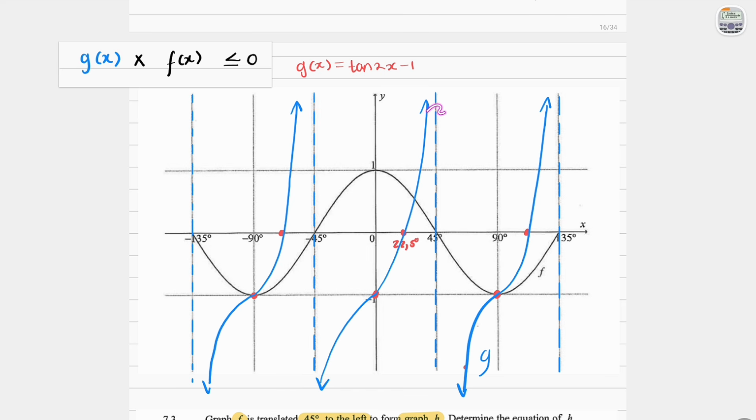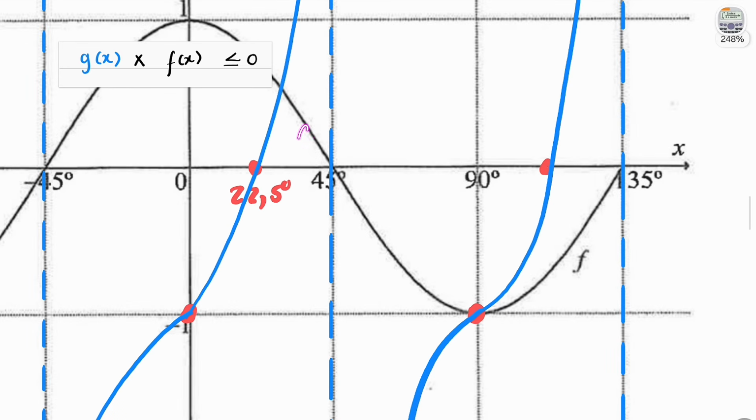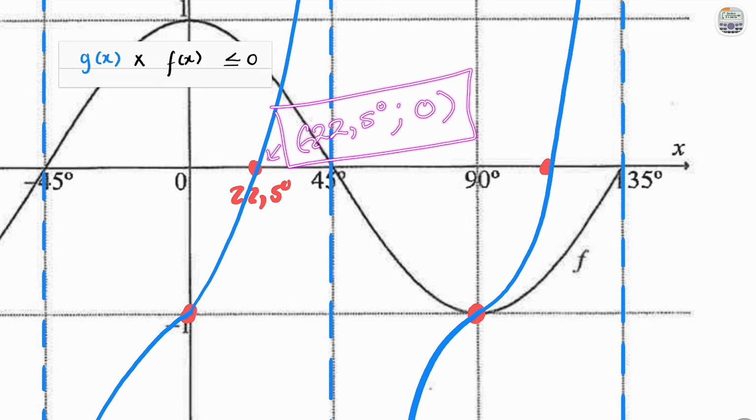So for example, look at the graph of g over here. Do you see that it lies on the x-axis? Yeah, so you see why these points were important. It lies on the x-axis over here at 22.5 degrees. This is where it has a y value of 0. So that point as a coordinate is 22.5 degrees and a y value of 0. That is the point that we have here.